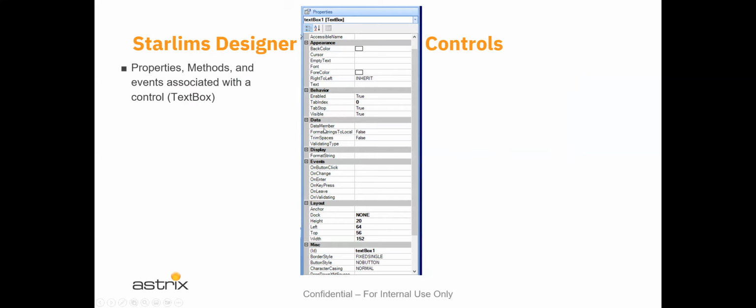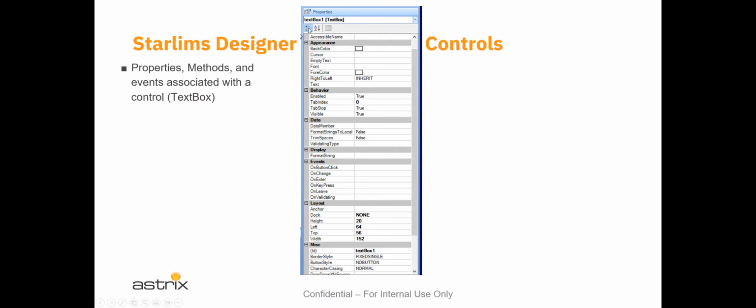For the text box, it might be possible that the data that is shown in that text box might need to be defaulted to some value when the form is presented in the first place. Rather than coming up blank, you may need that data to be displayed from a default value. In this case, you would have the ability to set that right in this field here, the data member field.